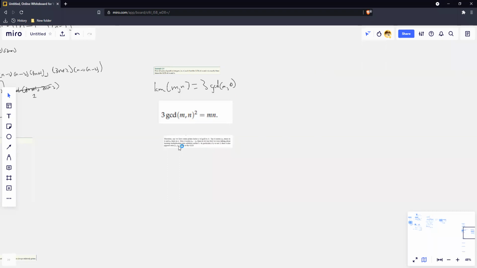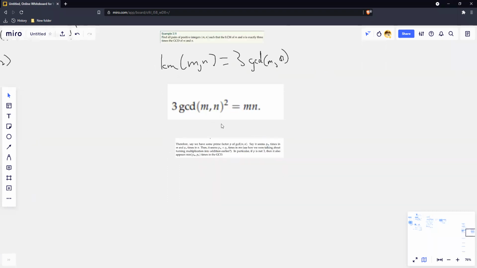So let's assume that we have some prime factor p of GCD(m, n). We are basically saying p divides GCD(m, n). And I'll use a better variable this time.